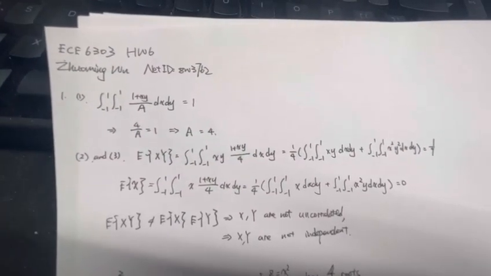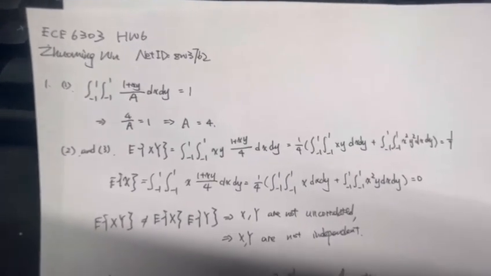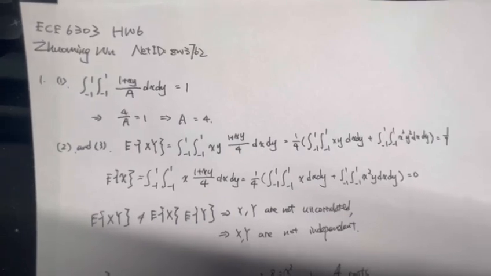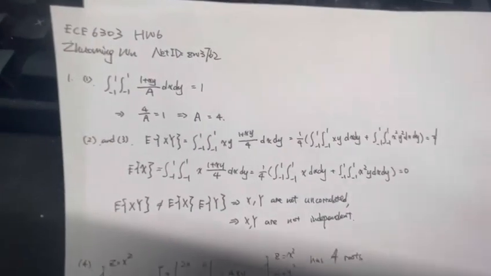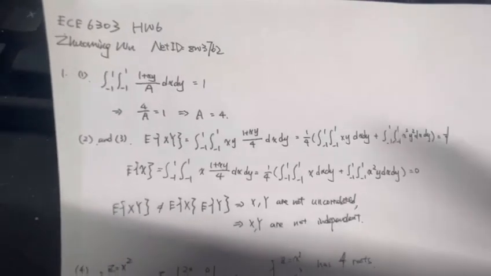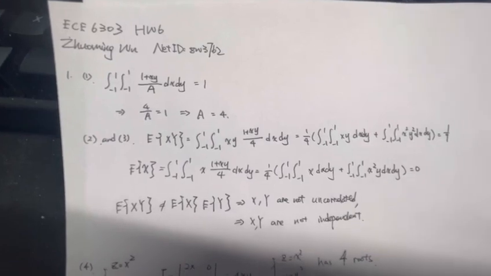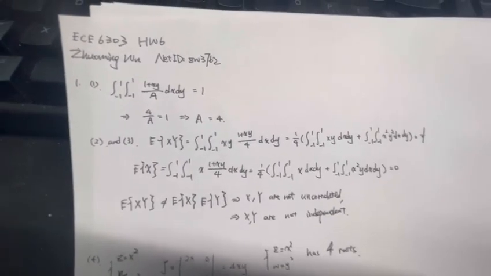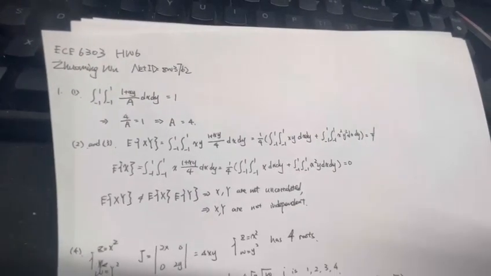We just need this integral to equal 1 so that the function will be a valid joint density function. After calculation, we see that 4 divided by a equals 1, so we get a equals 4 to make the function a valid joint density function.